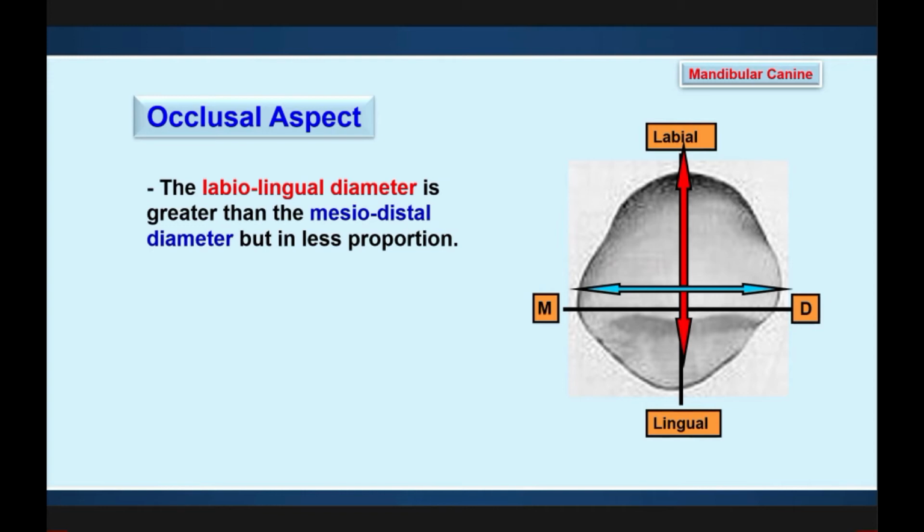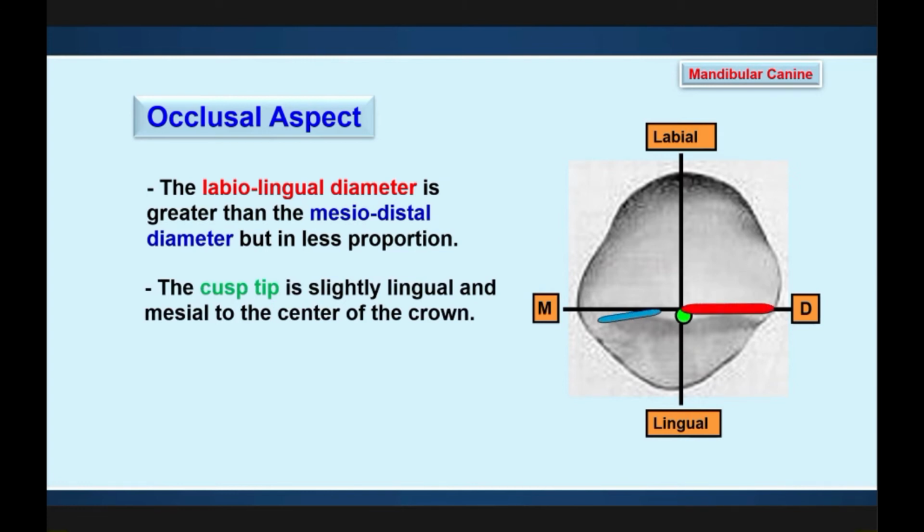But in the case of the upper, the comparison of labiolingual to mesiodistal is, for example, 1.5 to 1. But in the case of the mandibular canine, if this is 1.2, this is 1. You understand, the ratio between the labiolingual dimension and the mesiodistal dimension is a little bit less in the case of the mandibular canine.